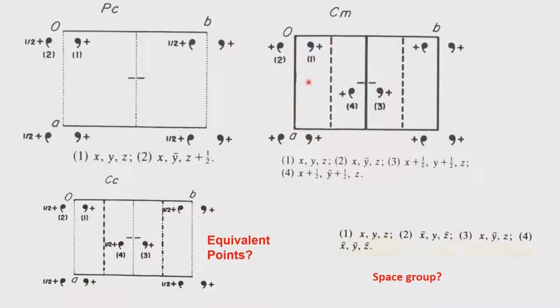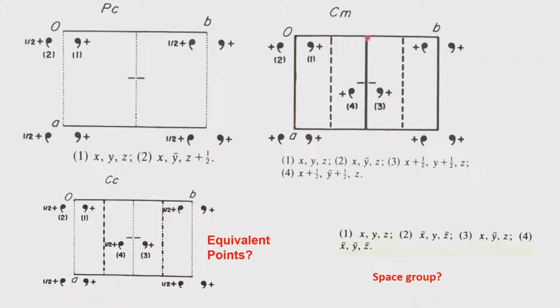If your object is up here, you have a corresponding point x plus half, y plus half, z, which is shown as number 3 here. So 1 and 3 are related due to the C centering, and now of course the mirror operates. The simple mirror operation will take this point onto 2, and this point also will add half and half.